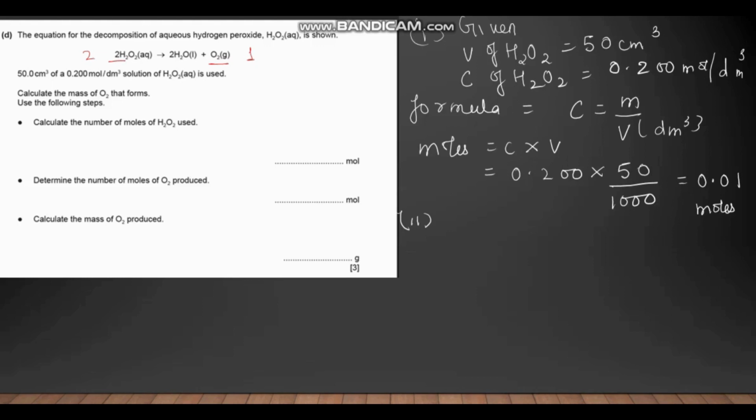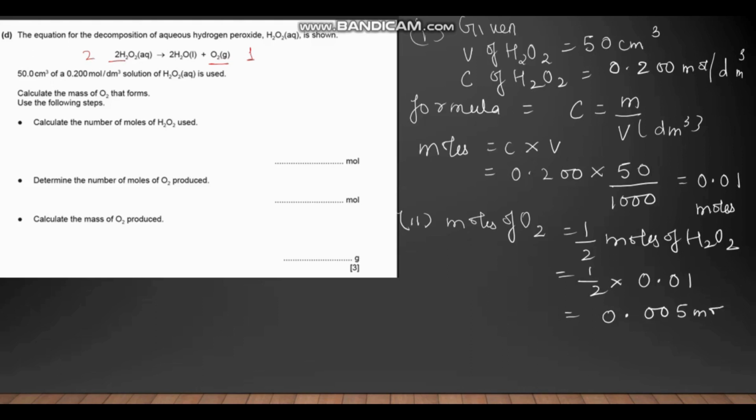So the number of moles of oxygen will be half of the moles of hydrogen peroxide, so half of the 0.01 we have calculated.